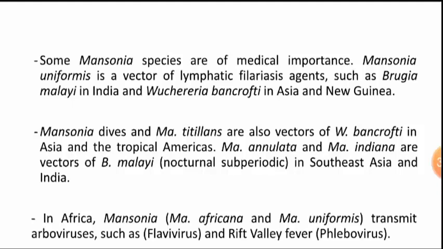Also Mansonia are vectors of Wuchereria bancrofti in Asia and the tropical Americas, and are vectors of Brugia malayi in India. In Africa, Mansonia transmit arboviruses and Rift Valley fever.